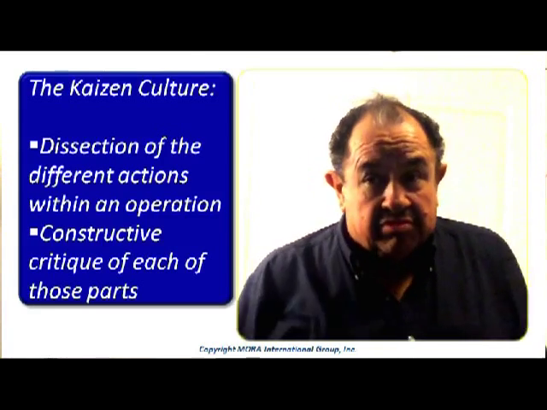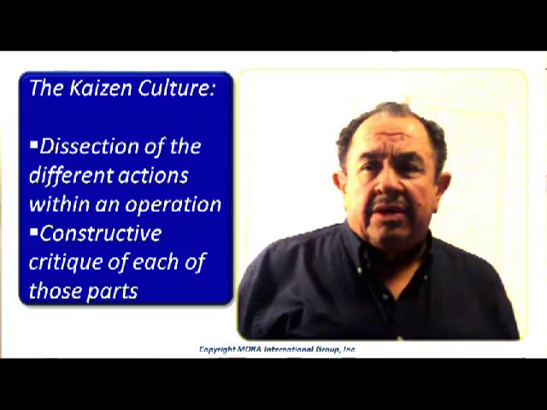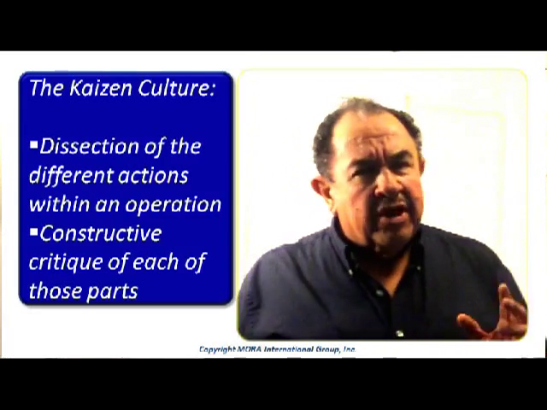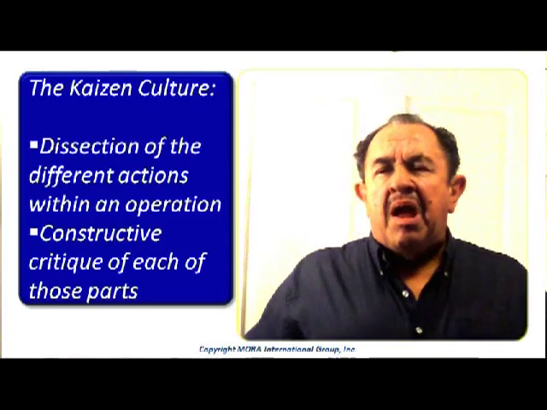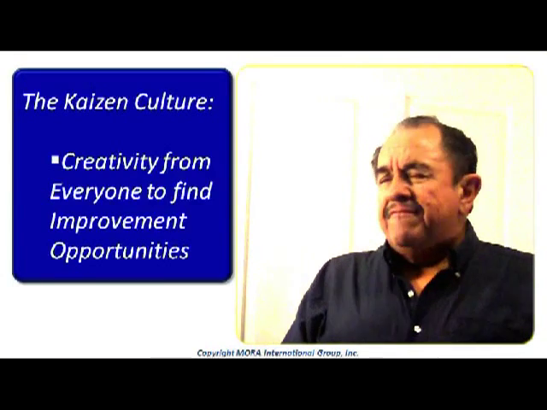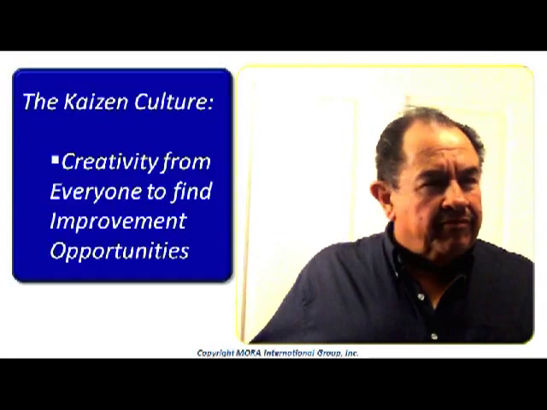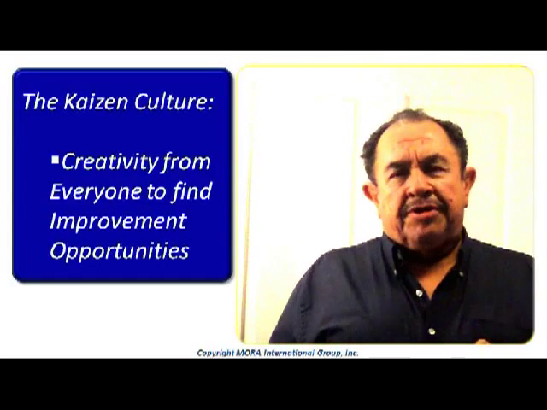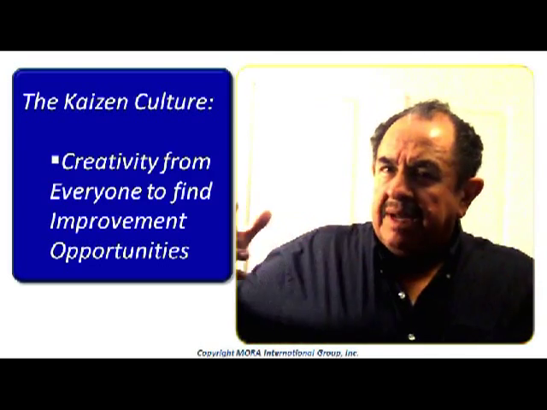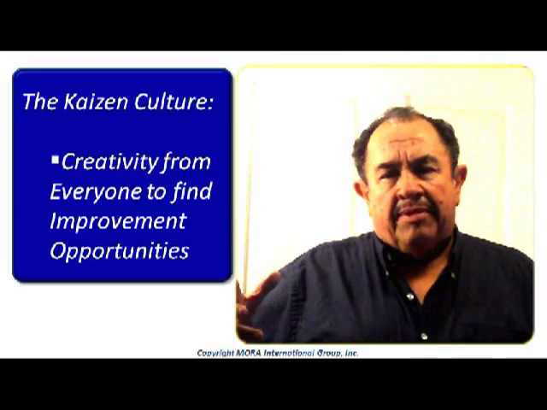That's what we're pursuing. So the Kaizen culture requires creativity from everybody. Everybody in your team should be ready to find improvement opportunities and to be open to share them with everybody.